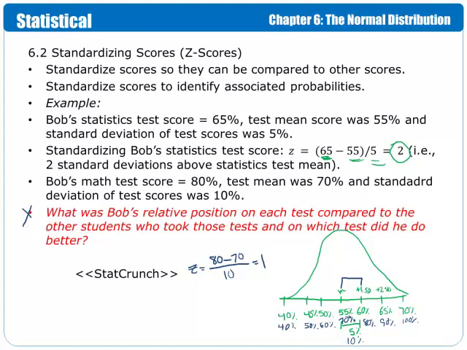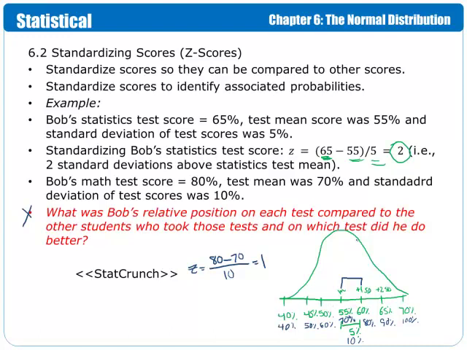His relative position on the statistics test score is that his score is 2 standard deviations above the mean for the test scores in that class. And on the math test, Bob's score of 80% is 1 standard deviation above the mean of the scores on that test. Another way that you could write it out is to look at the percentages or the proportions.